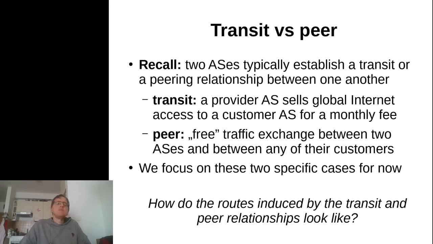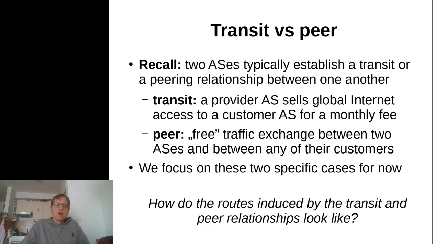The other type of business relationship, that we do not really see in the customer internet service provider business, is the peer relationship, which is a special type of business contract that may exist between two autonomous systems, where they decide to exchange traffic between each other and between any of their customers for free.